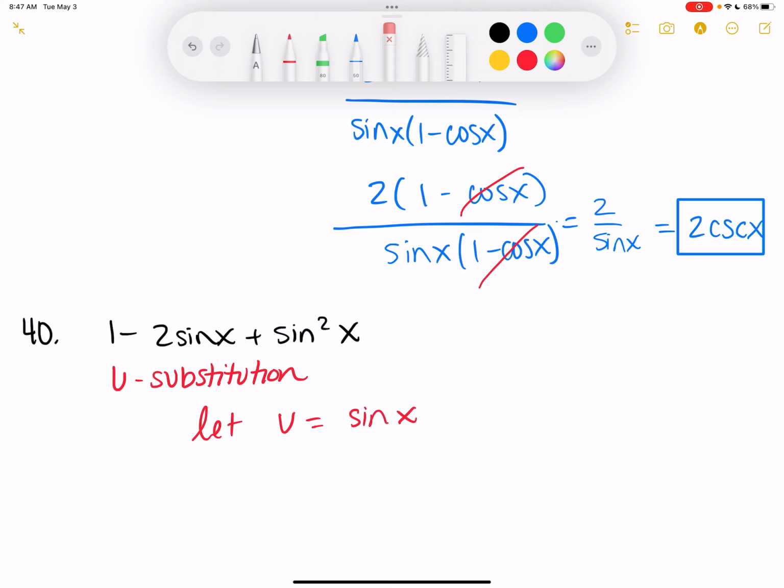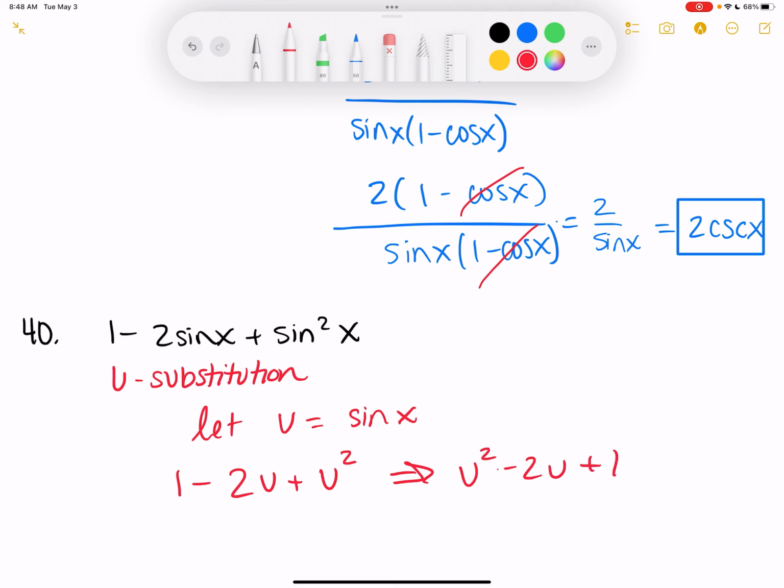Anywhere you see a sine of x in this equation, you're going to replace it with a u. So 1 minus 2 sine of x becomes 1 minus 2u, plus sine squared becomes u squared. If you like things written in standard form, u squared minus 2u plus 1.